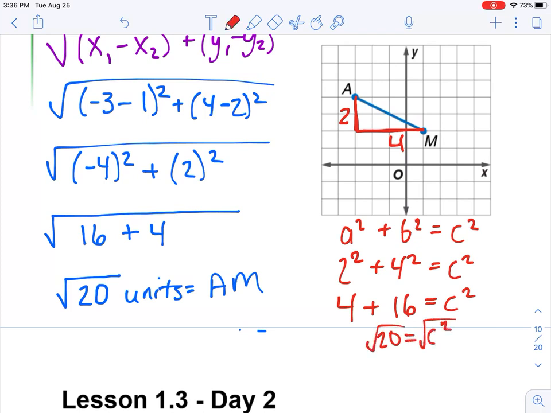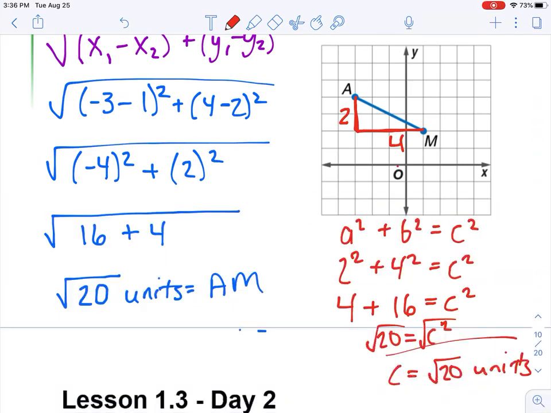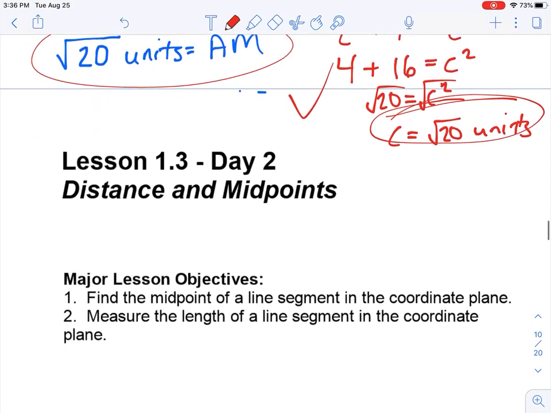Take the square root. So c equals the square root of 20 units. So either way we do it, we get the same solution. That is a good thing, because if we didn't, we would have messed up somewhere. Check.